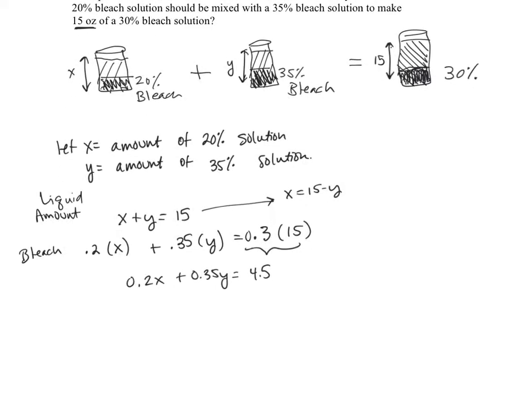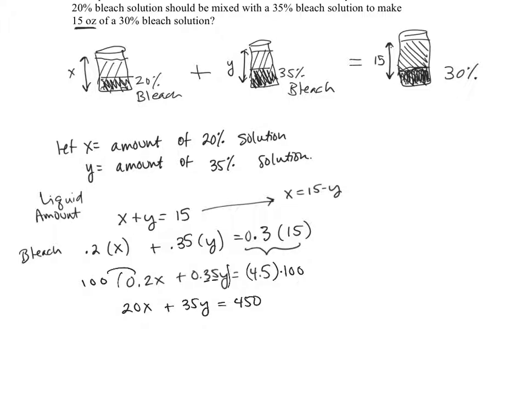And then I'm going to rewrite this without any decimals. I see that I have 2 decimal places, so I'm going to multiply both sides by 100 to clear those. And then 100 times 0.2 is 20x, plus 35y is equal to 450.